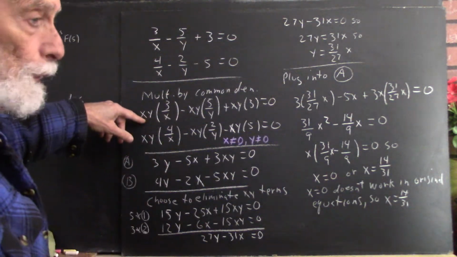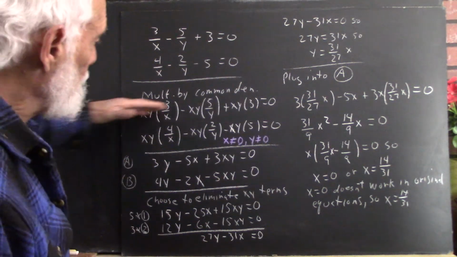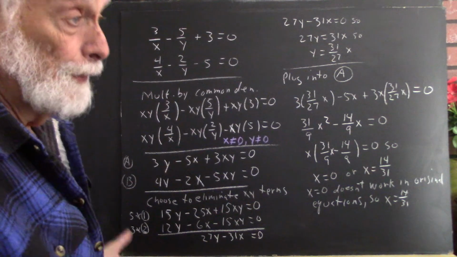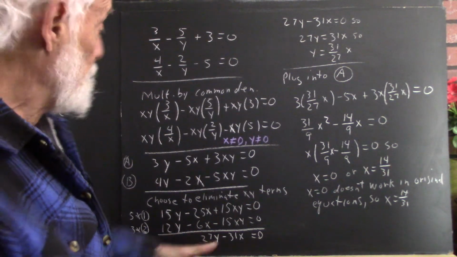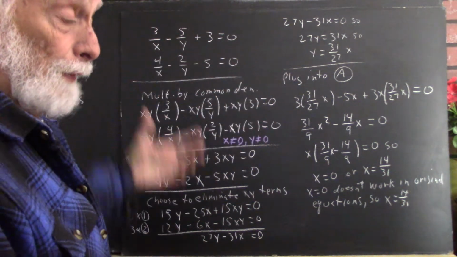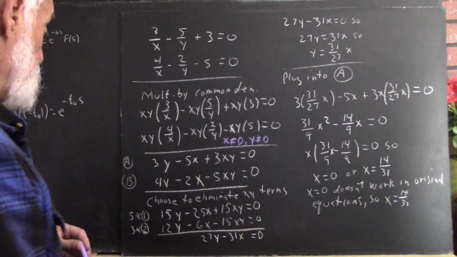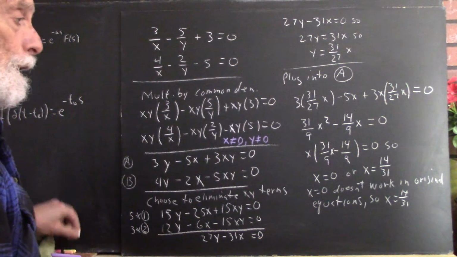Because if either one was 0, I'd be multiplying my original equation by 0, which would just give me 0 equals 0, even though it doesn't look like it. If x or y was 0, this wouldn't work.